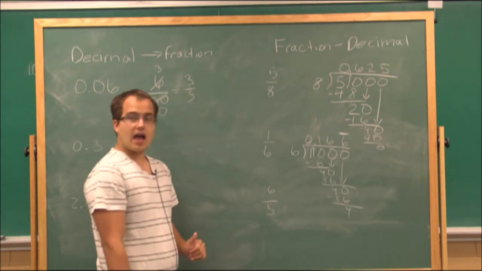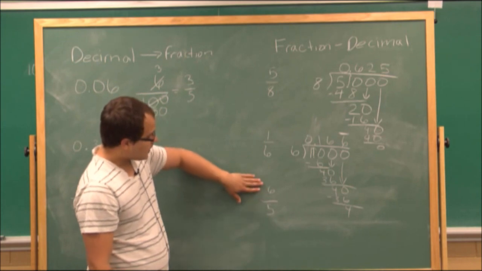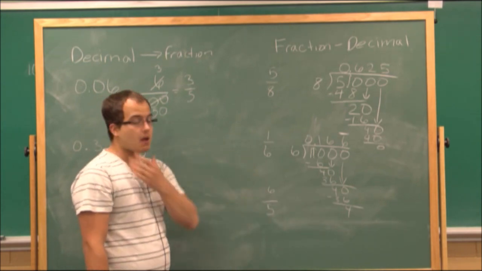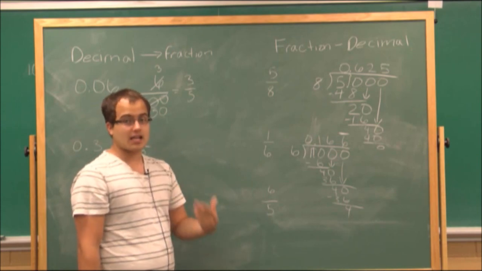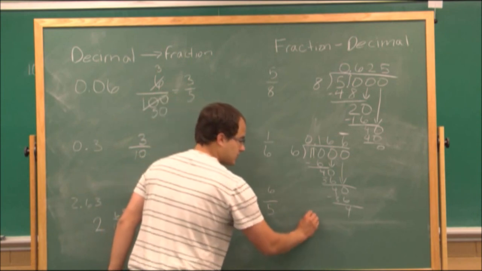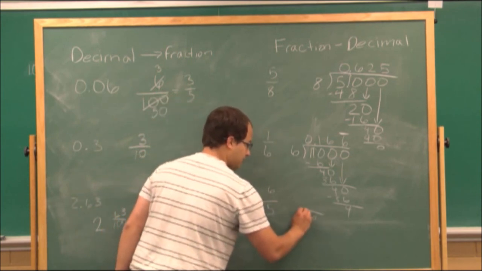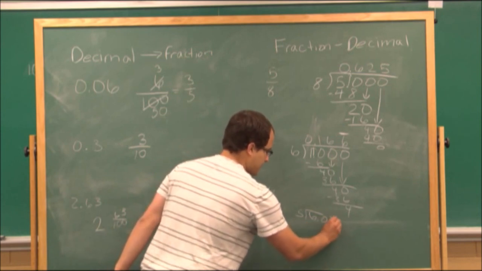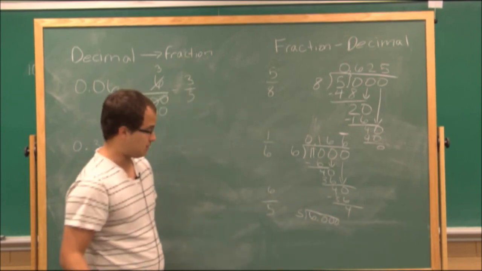Now 6 over 5. When we have an improper fraction where the numerator is bigger than the denominator, we are going to get a decimal larger than 1. So again, you just do the division, 6 divided by 5. And again, I'm going to add 3 zeros. I might not need them all.